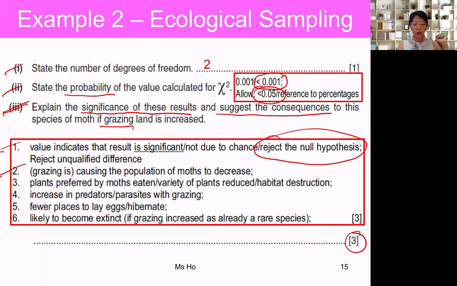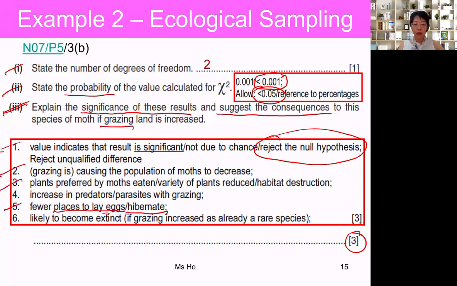So the grazing will cause the population of moth number to decrease. Okay, why? Because the grass could be the food for the moth. Okay, it could be the places to lay eggs. It could be places for the moth to hibernate. So if those places have decreased in number, so the population size will also decrease in number.